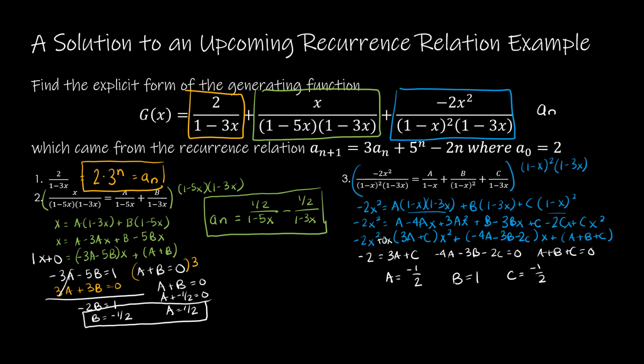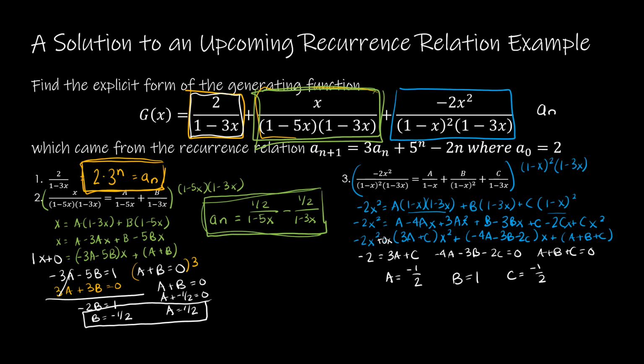Now, how do I put this all together? Well, I replace 2 over 1 minus 3x with a sub n, which is 2 times 3 to the n. I replace everything I've circled in green with a sub n, and it looks like I didn't quite finish this last question.